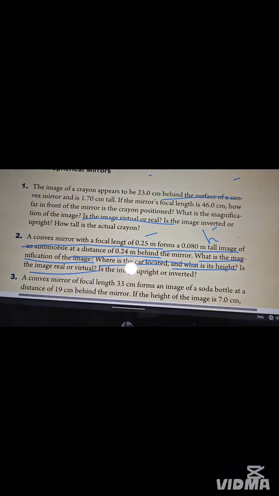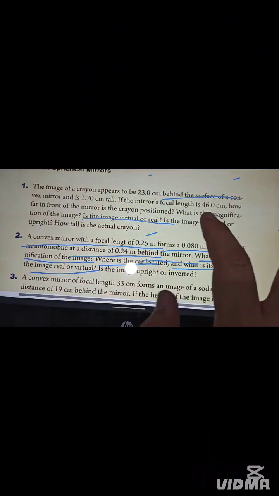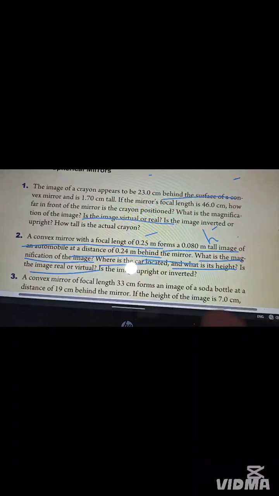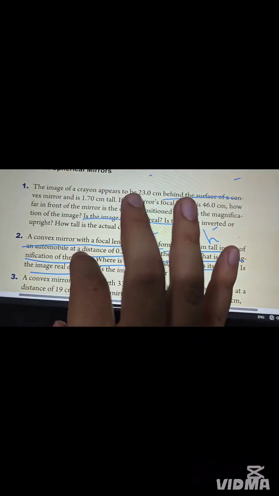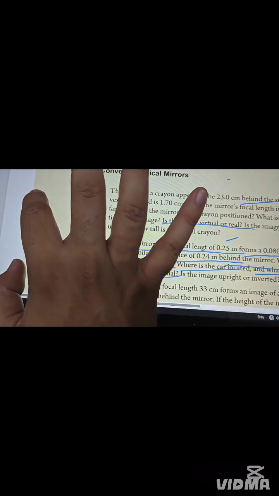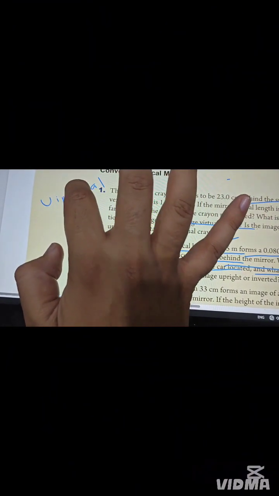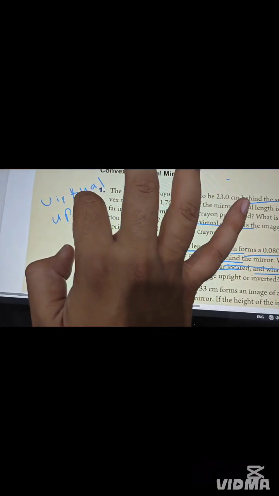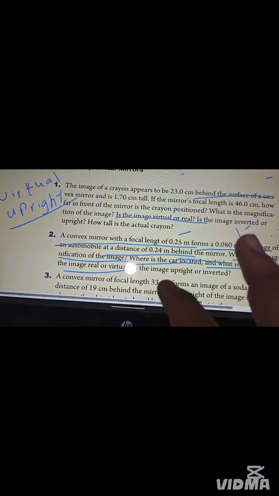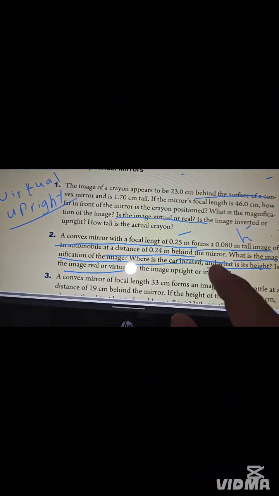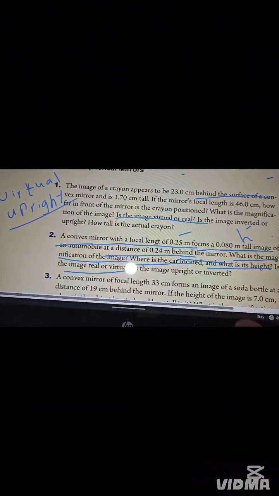Is the image inverted or upright? Upright. Question 1 answer: virtual and upright, because this is a convex spherical mirror. I forgot to answer this part. Good.